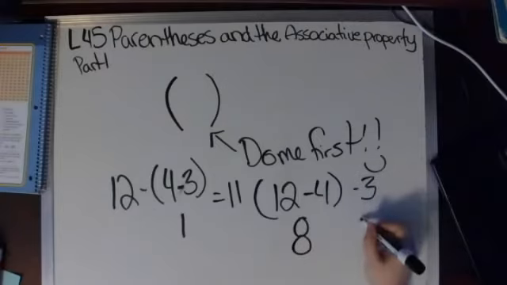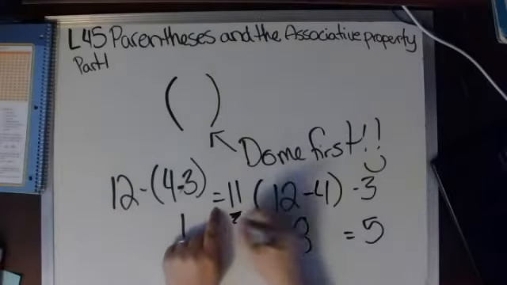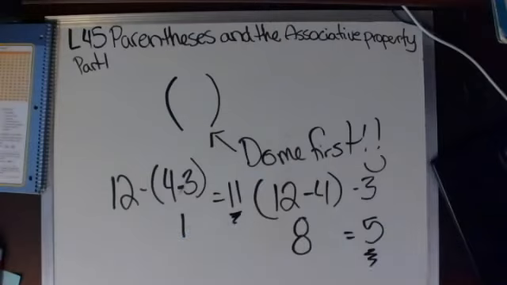Take away 3 equals 5. So see, I got 11 and 5. So depending on where your parentheses are, completely changes the answer that you are going to get. Now, depending on what type of question you have, the parentheses might not actually matter all that much. In subtraction, they absolutely matter.